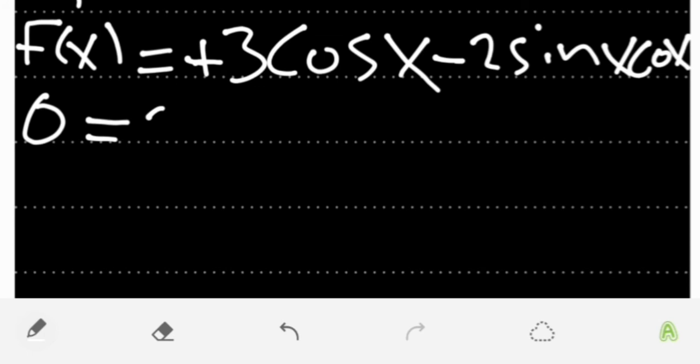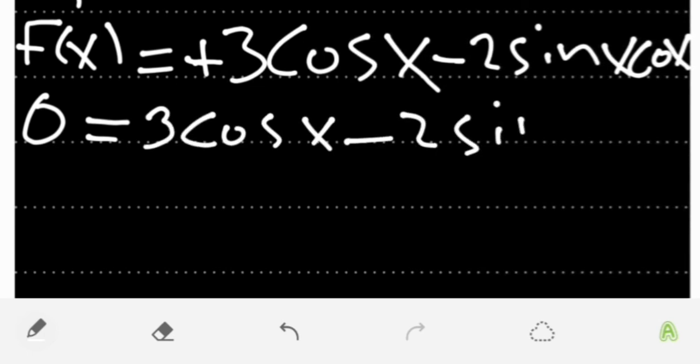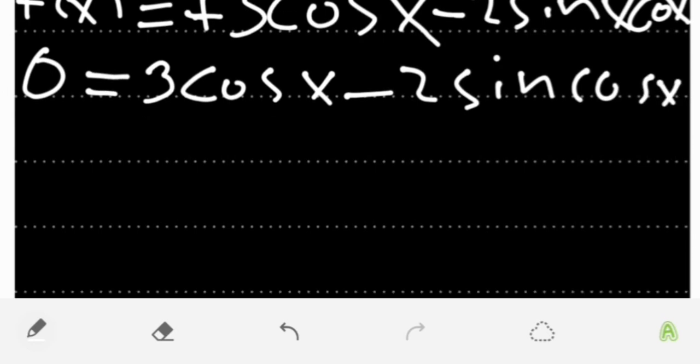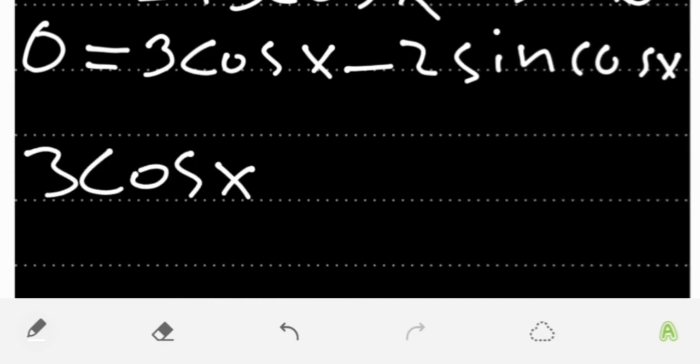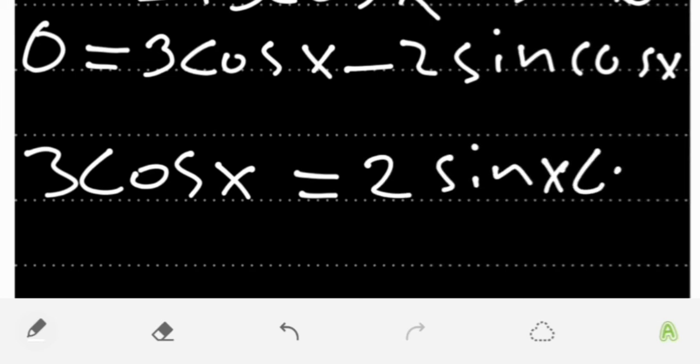So 3 cosine of x minus 2 sine of x cosine of x, right, equals 0. So we will have that 3 cosine of x is equal to 2 sine of x cosine of x.